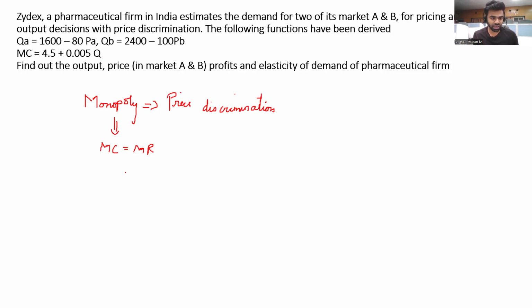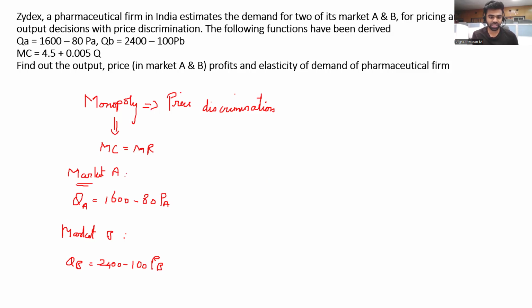So for market A, the equation is QA is equal to 1600 minus 80 PA, and for market B, it is QB is equal to 2400 minus 100 PB.